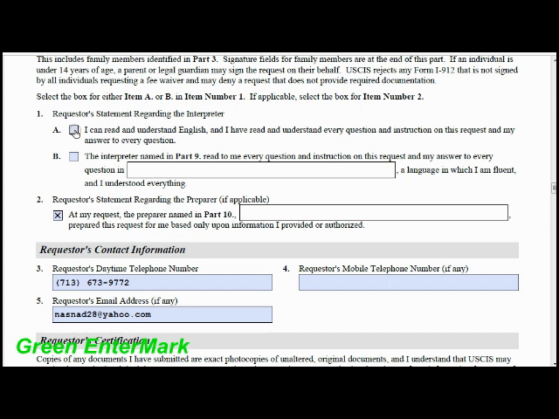Because I know everything and I know English, I just tick A, and after that I mention my phone number, mobile telephone number or email address.